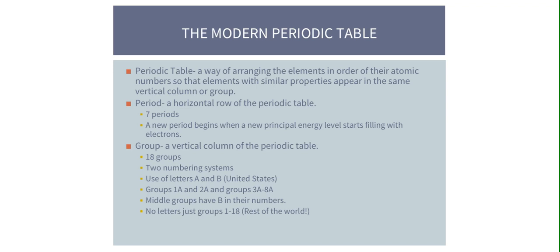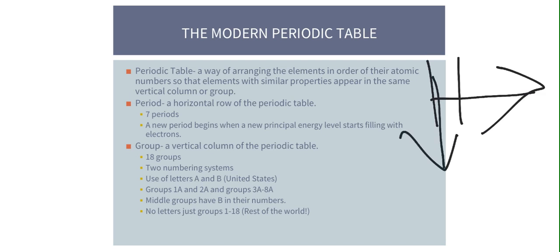If you don't know what horizontal is, you can always think of going that way, so it moves all the way from left to right. And then a group is a vertical column. So vertical, you can think of like an arrow going up and down. Those are ways that I remember it, and it never goes wrong. But if you look, especially when you go down groups, there are a lot of patterns that follow with these particular elements.